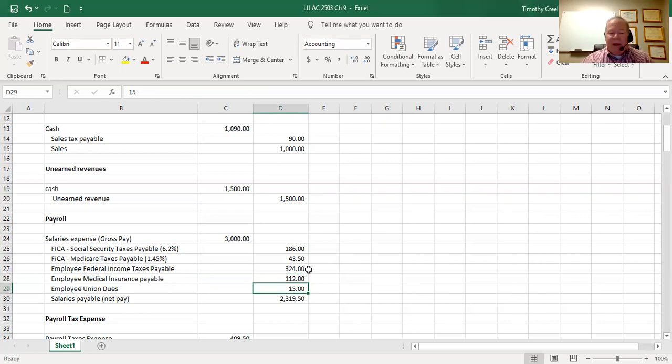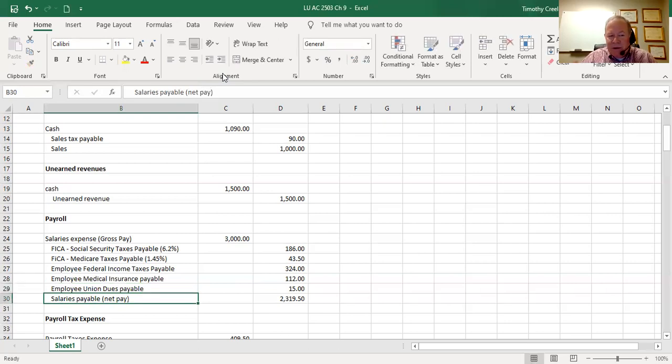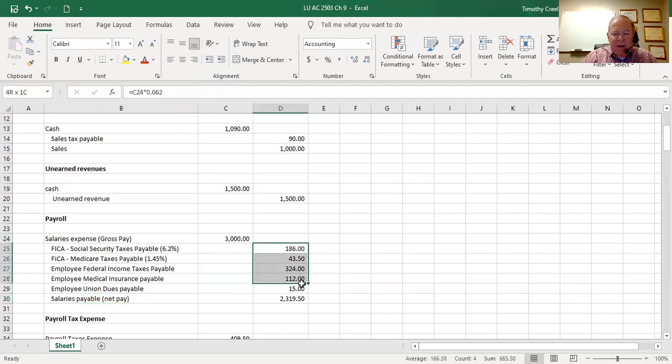And then if the company has a union, they might take out the union dues. Let me go ahead and make this employee union dues payable. So this would be union dues coming out. And so your gross minus everything that's coming out of the employee's check equals your net pay, which is your take-home pay, the amount that's put into your account.